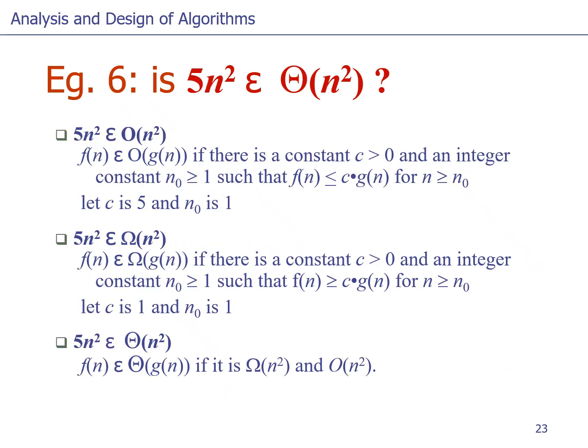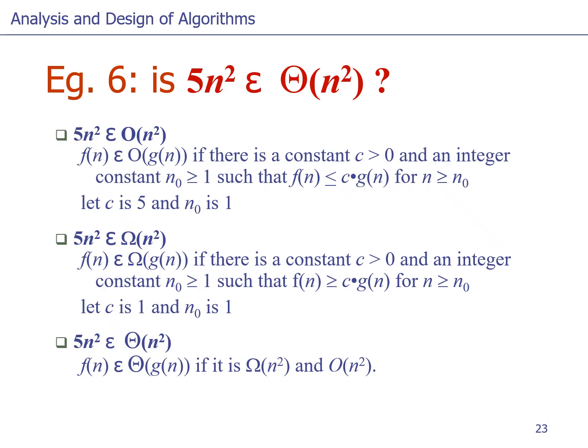So let's see this example. If I ask you to prove that 5n squared is in theta of n squared, what you need to prove is that 5n squared is in O of n squared, and 5n squared is in omega of n squared, and consequently you prove that it is in theta of n squared. The first bullet deals with proving that 5n squared is in O of n squared.